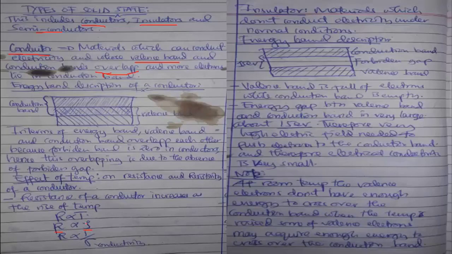Again, since temperature is directly proportional to resistance, hence resistivity, it must be inversely proportional to the conductivity, because conductivity and resistance are inversely proportional.